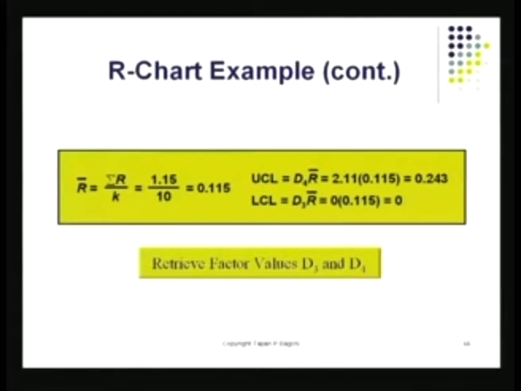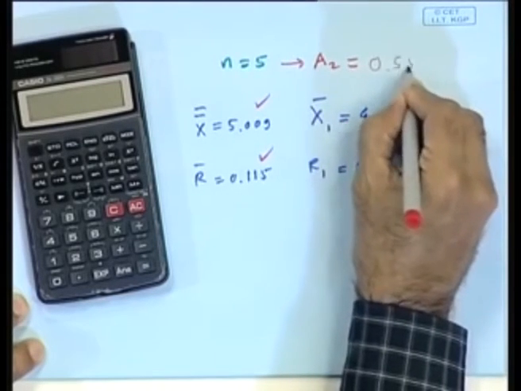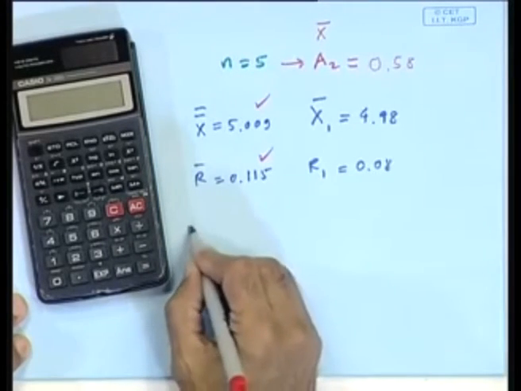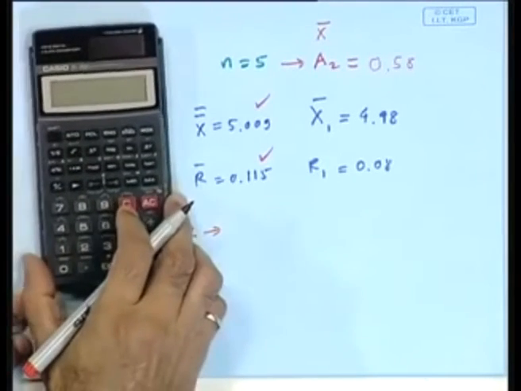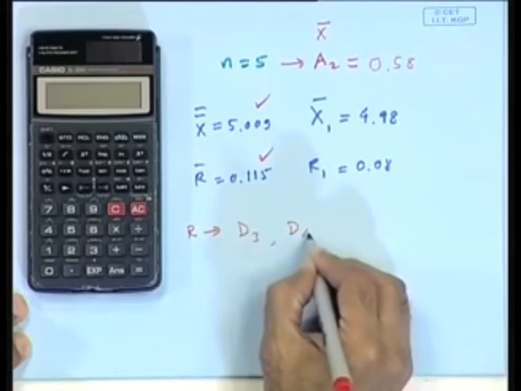Now, something I want to point out here. Remember, we used the quantity A2, which in our case turned out to be 0.58. That is what I used for my X bar chart. And for my range chart, I use some other constants, and these constants are going to be D3 and D4.